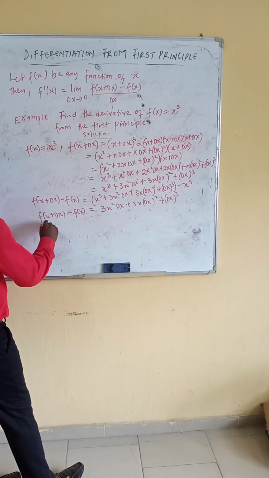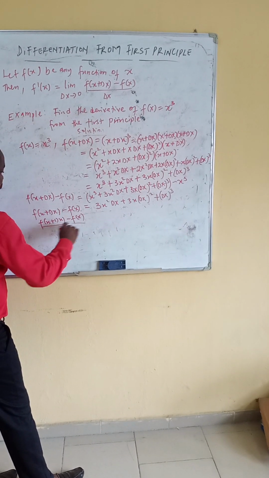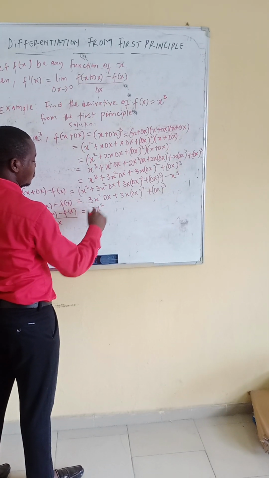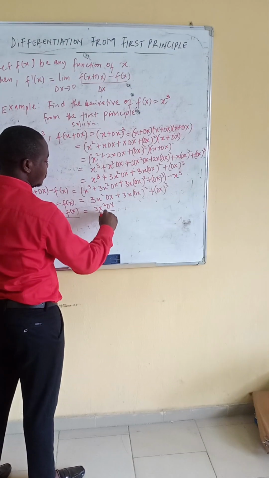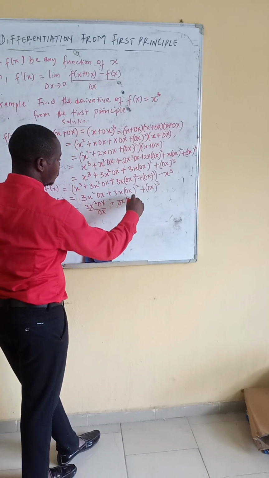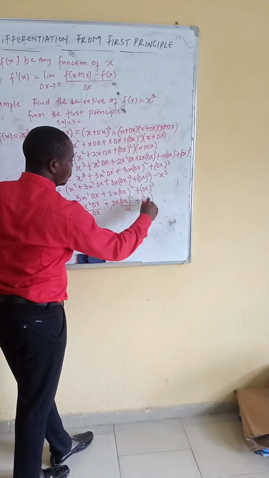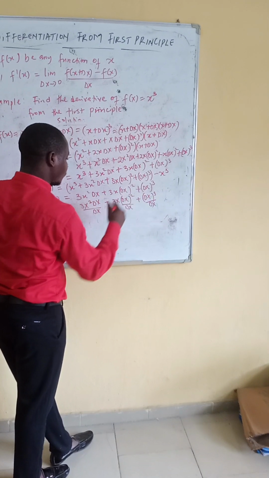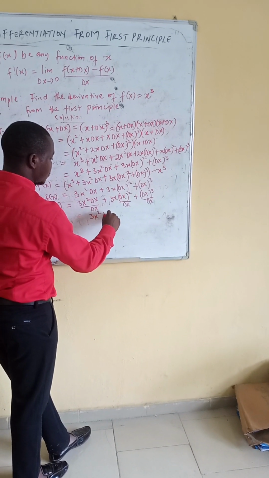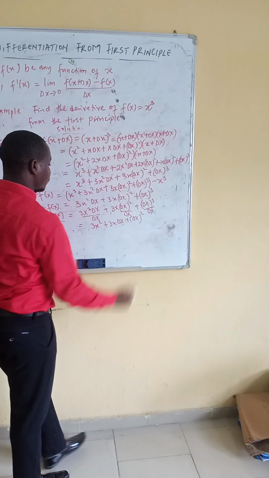Dividing both sides by change in x, that will give us 3x squared change in x over change in x plus 3x change in x all squared over change in x plus change in x all cubed over change in x. That is 3x squared plus 3x change in x plus change in x all squared.